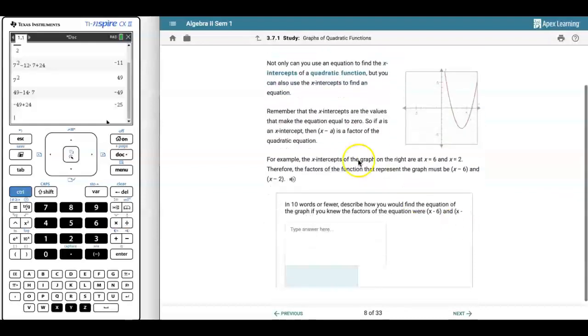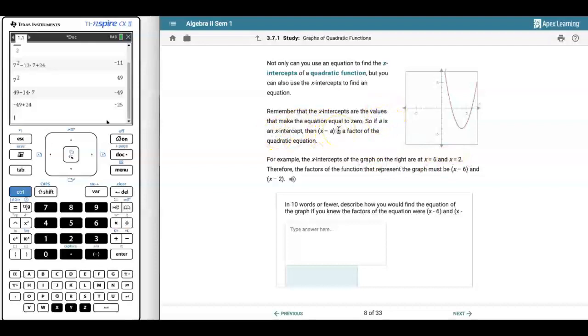All right, so for example, x-intercepts are x equals 6 and x equals 2. What we can do now is we flip the signs of our x values, and that's going to give us our two different factors, because if a is an x-intercept, then x minus a is that factor.